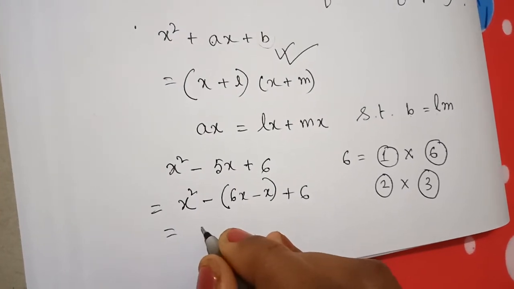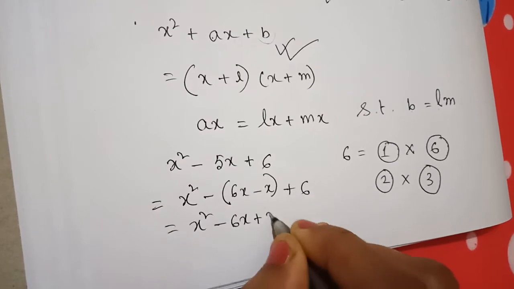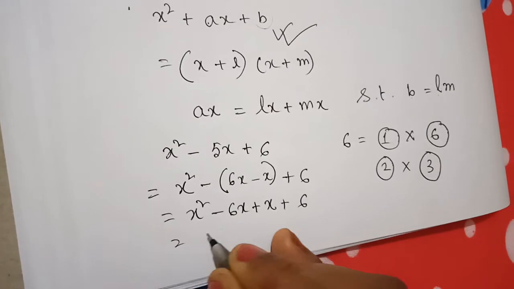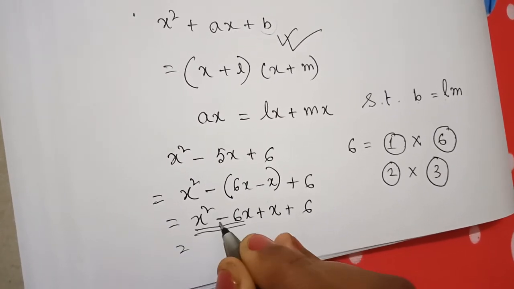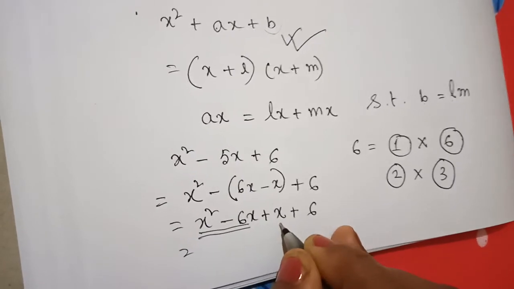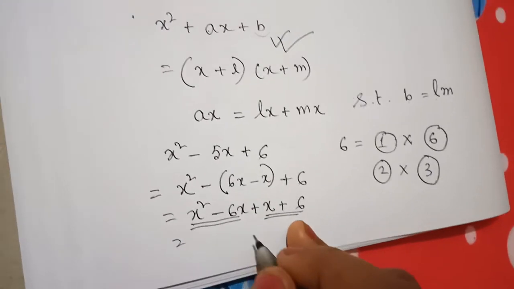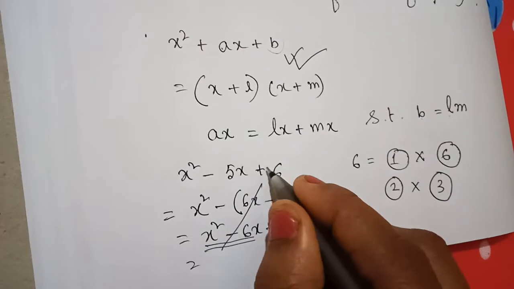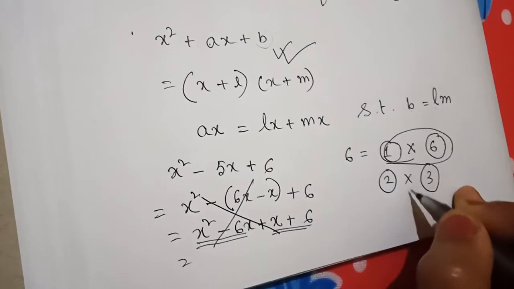So you get x square minus 6x plus x plus 6. You can check: if you take pairwise, these two have a negative sign in the middle, but these two have a positive sign in the middle. So we can't take any common factor. For that reason, we will not take 1 and 6, rather we will take 2 and 3.